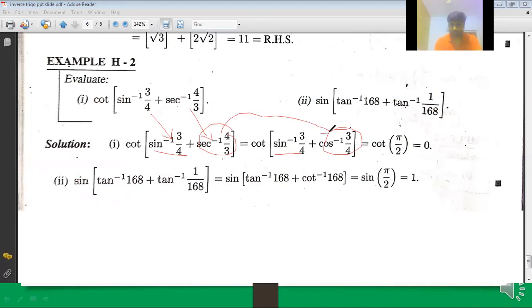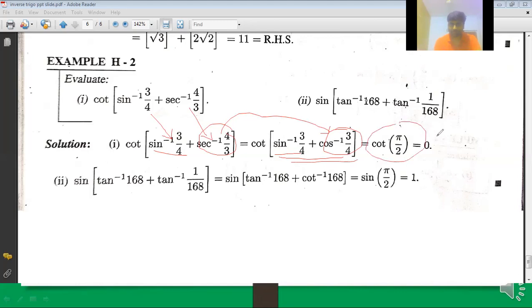Secant cos reciprocal, right? Sine inverse of x plus cos inverse of x is pi by 2 formula. We are going to see that formula in the next slide. Similarly, tan inverse of x plus cot inverse of x is pi by 2. Secant inverse of x plus cosecant inverse of x also pi by 2.